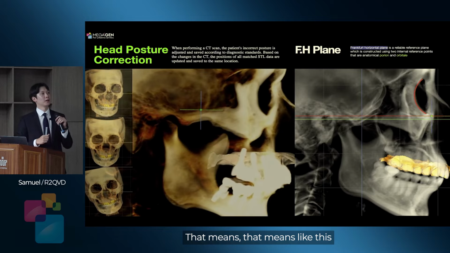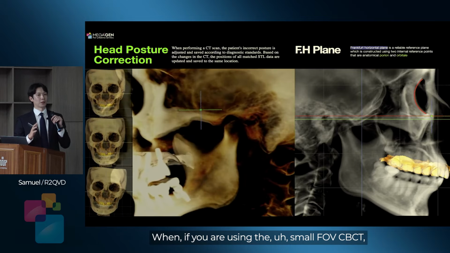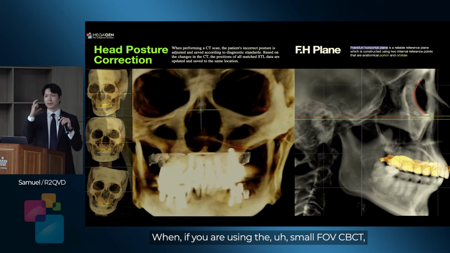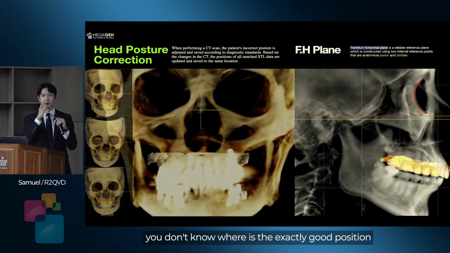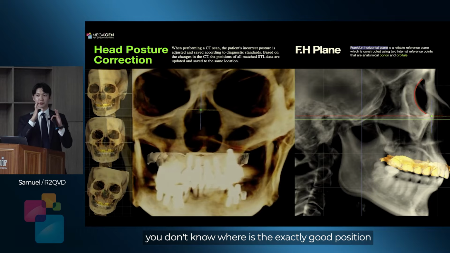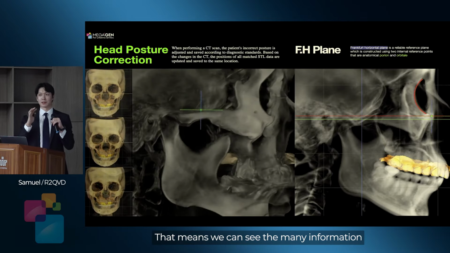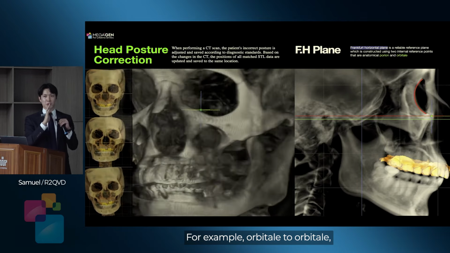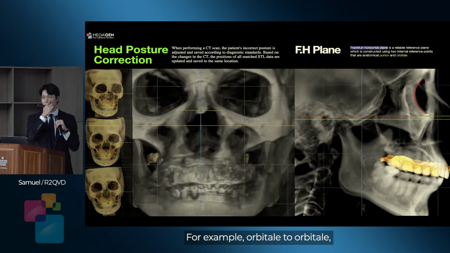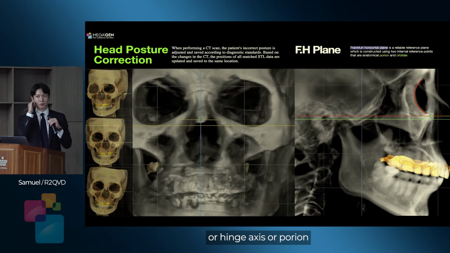That means like this. If you use a small FOV CBCT, you don't know exactly where the good position is. But when we use a large FOV CBCT, we can see much more information, for example orbitale to orbitale, or hinge, or porion.